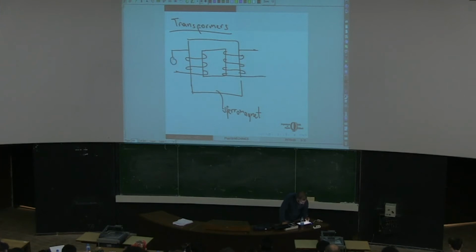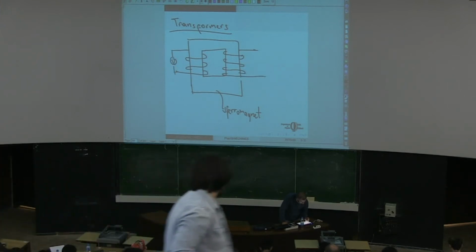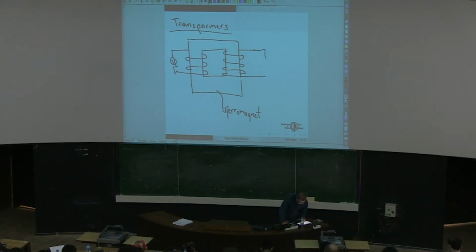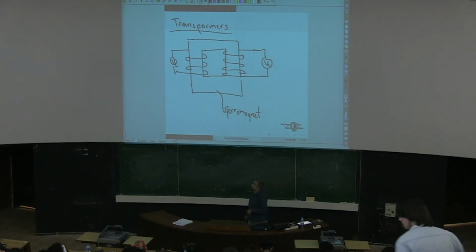And here you just give some V1, and here you would measure, let's say V2, the potential across those two points.